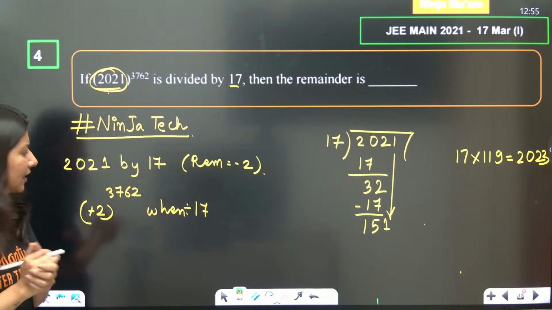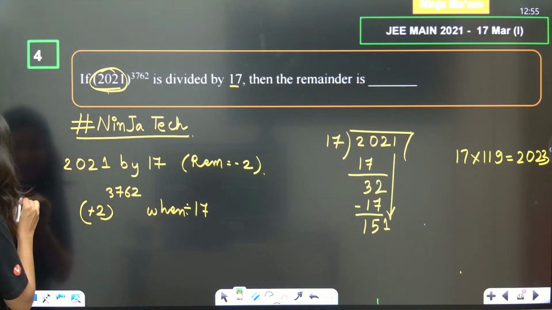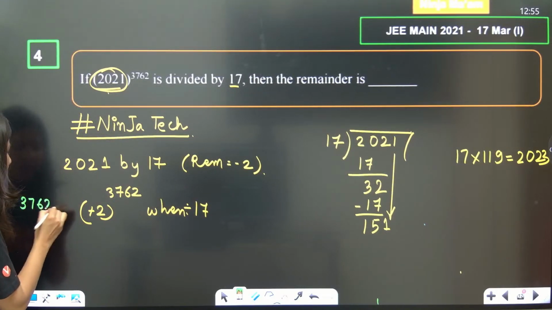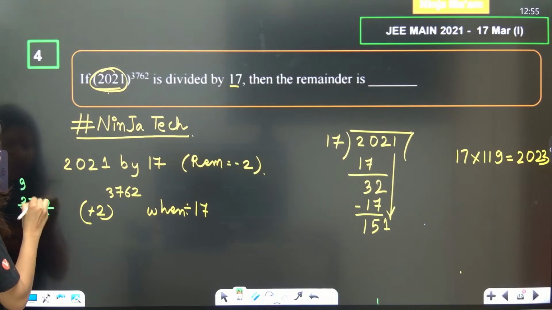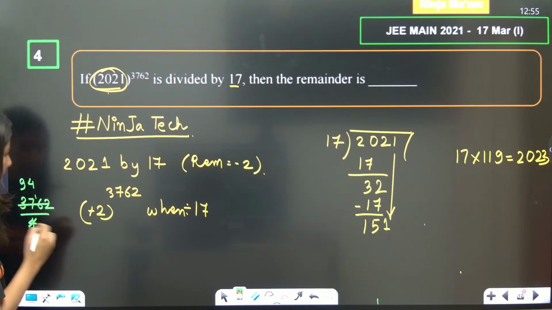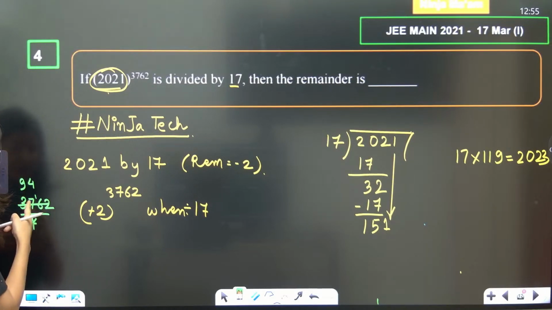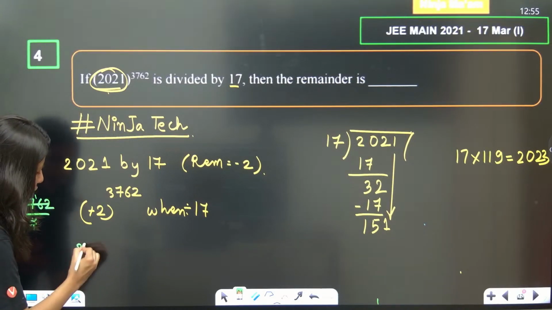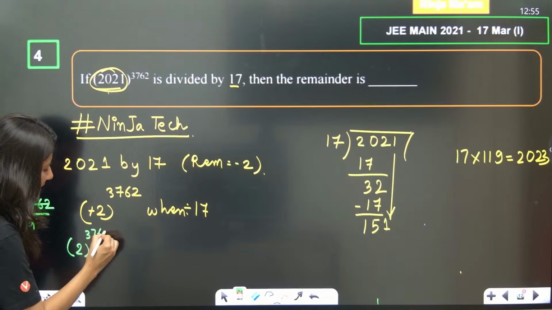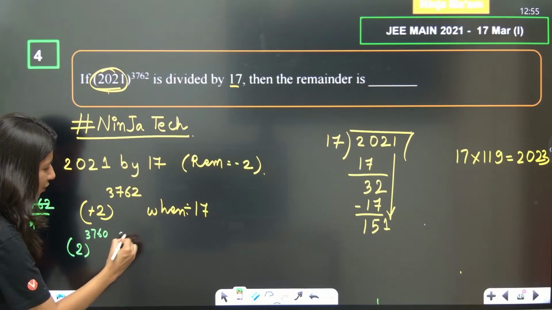Let's try writing 2 power 4. So, 3762 must be a multiple of 4. Let's do that. 4 1s are 4. 4 9s are 36. 4 4s are 16 and 2 is right there. So, can you see that 3760? See, 2 power 3760 is divided by 4 and this is 2 square.